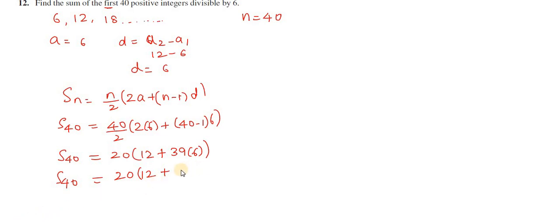Simplifying, 39 into 6 is 234, and 234 plus 12 is 246.